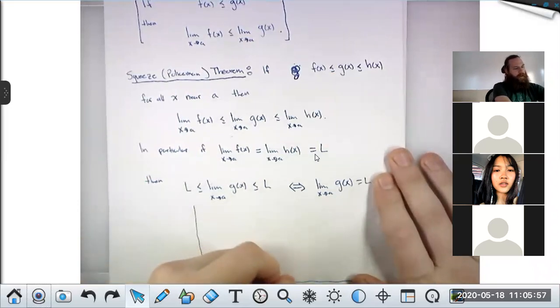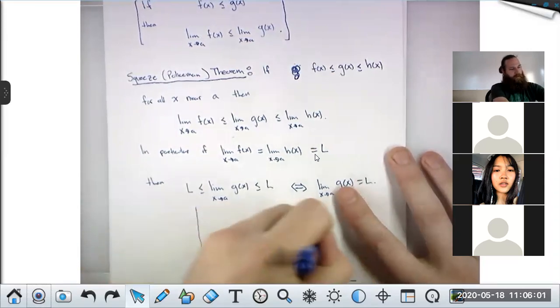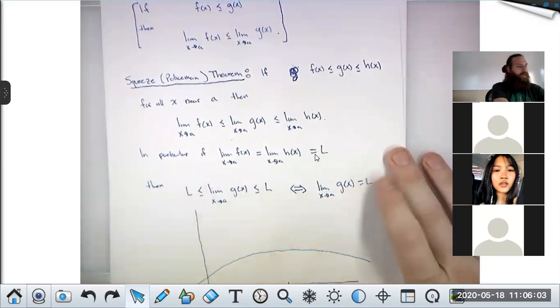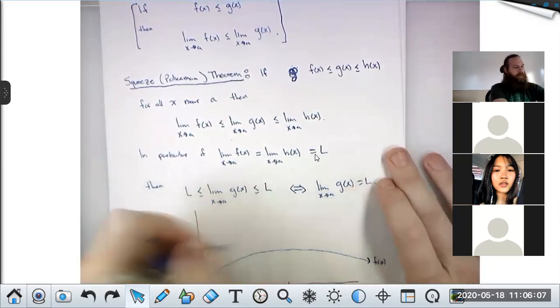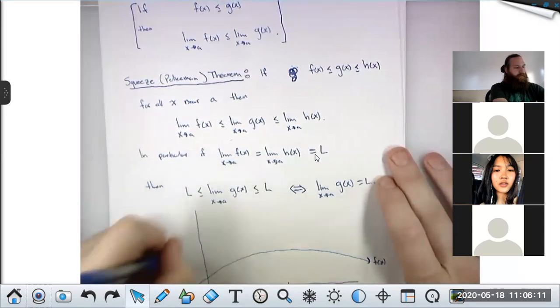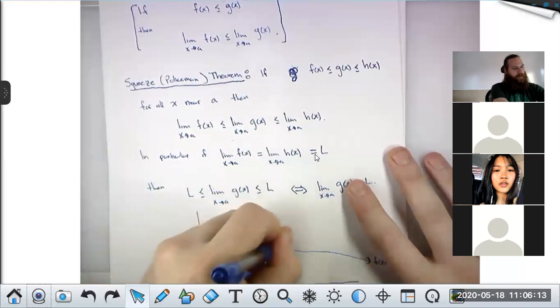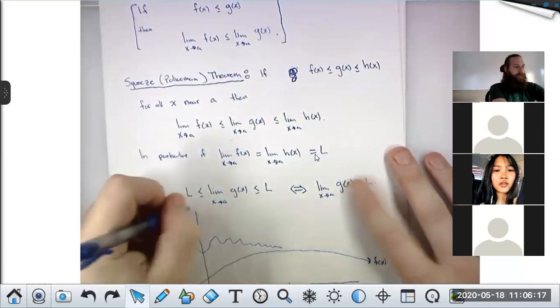Maybe here's A. And here's my function f of x. And maybe my function g of x is doing some weird stuff, I don't know. And then up here is my function h of x.